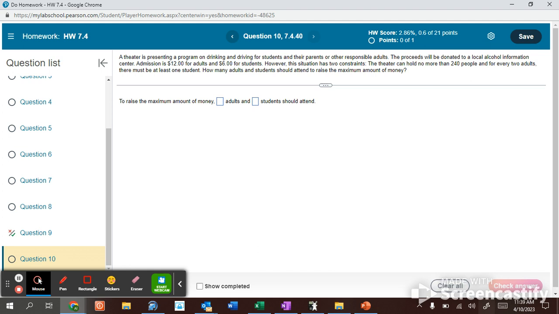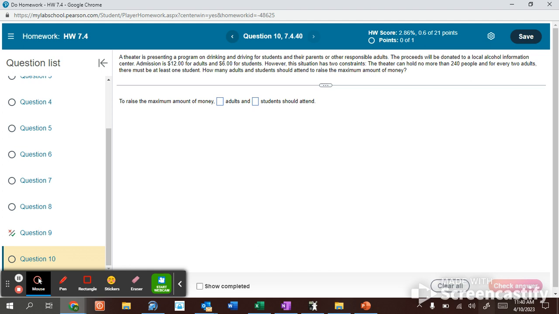If we had 4, okay. Right. So, Deb, are my 1 and 2 backwards as well? So there's twice. You can have twice as many adults as students, right? For every 2 adults, there must be at least 1 student.